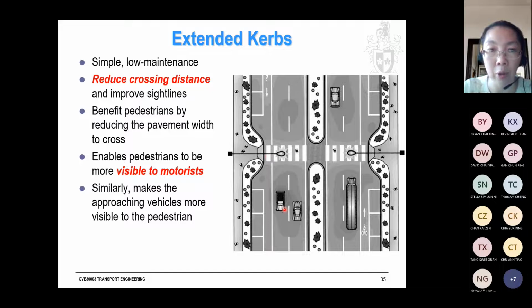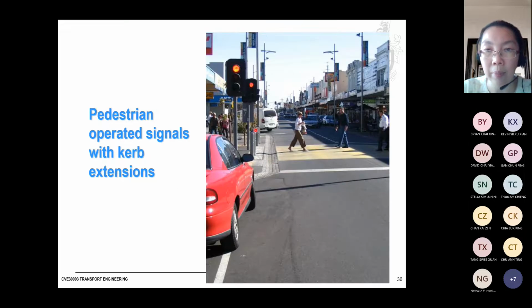So it's easier for the motorist to see, and with that, hopefully the motorists will stop and allow the pedestrians to cross. This facility is used together with a zebra crossing. This one is also an extended curb, but it has a signalized crossing. The idea is similar: the pedestrian has a shorter distance to cross and there is better visibility for drivers.